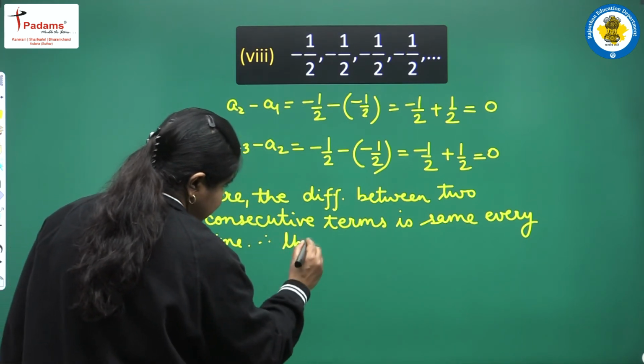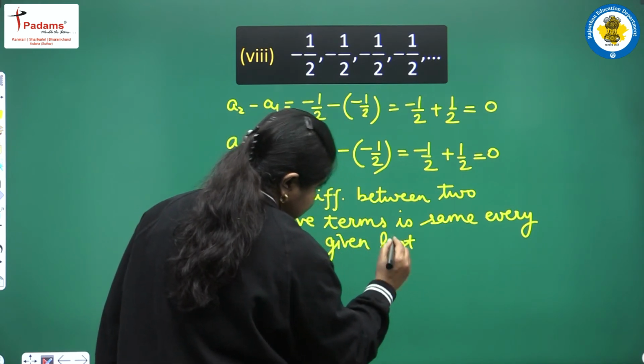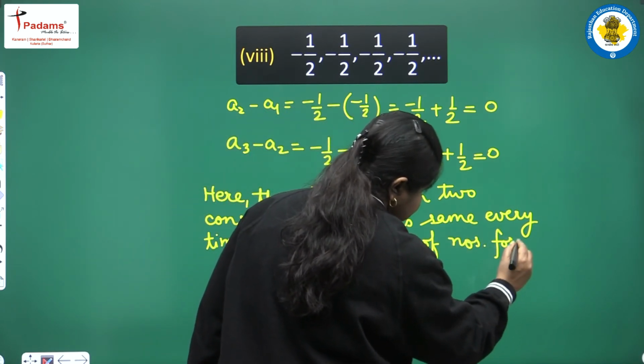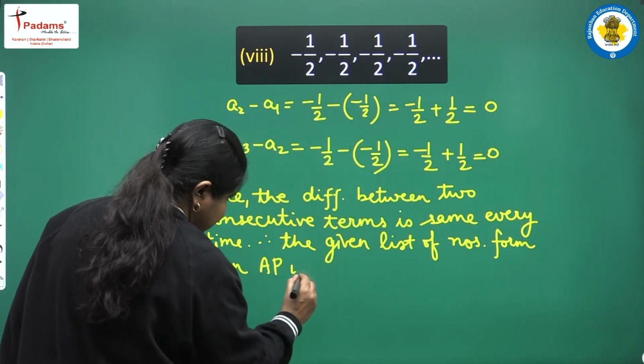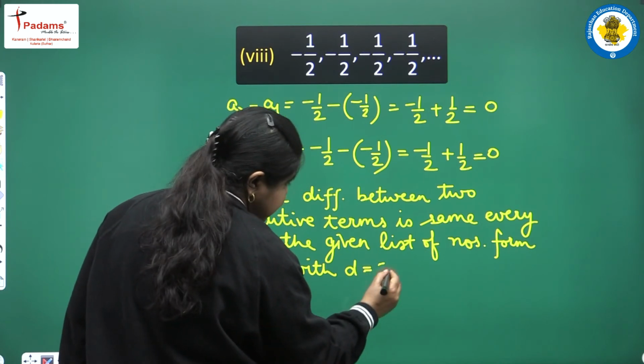Therefore, the given list of numbers form an AP with common difference D equal to 0.